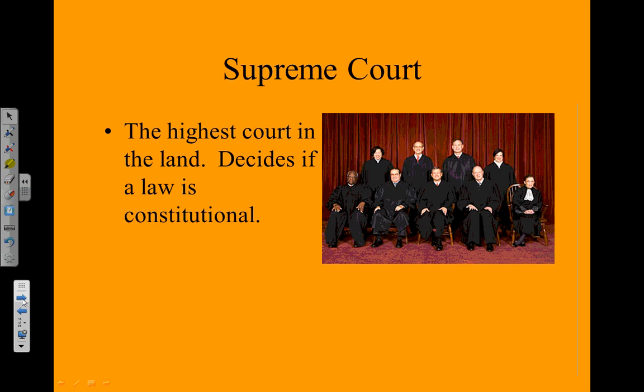The Supreme Court is the highest court in the land. It's also the highest court in the judicial branch, and their primary role is to decide if a law is constitutional. What that means in layman's terms is they decide if a law is legal or not, if it's fair or not.